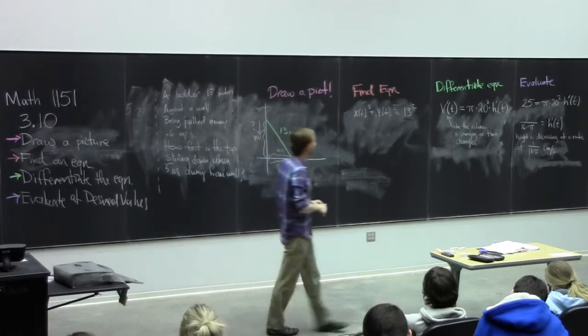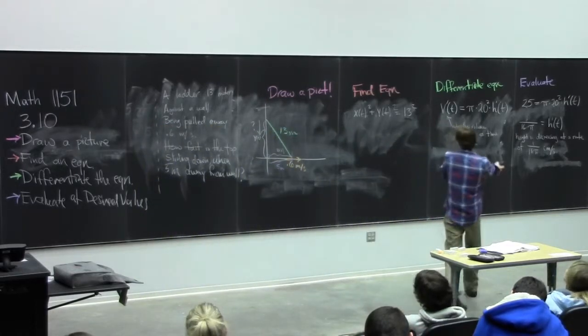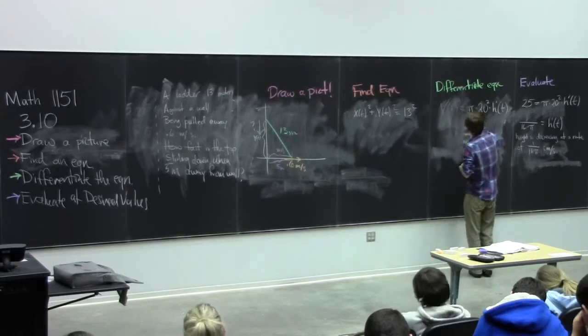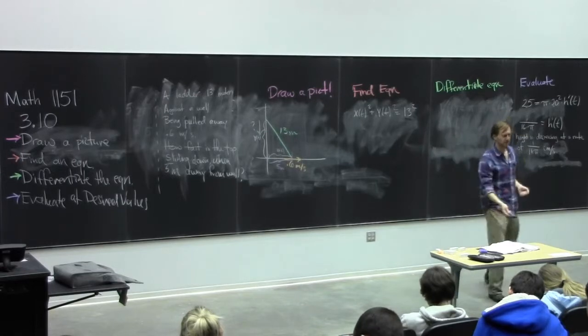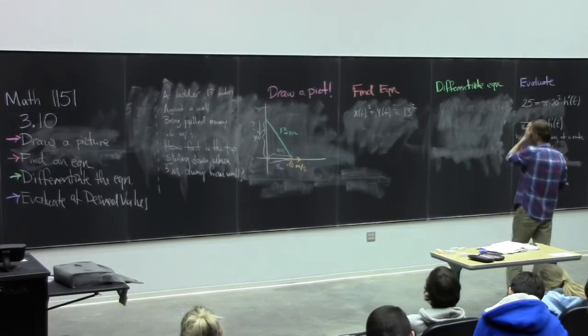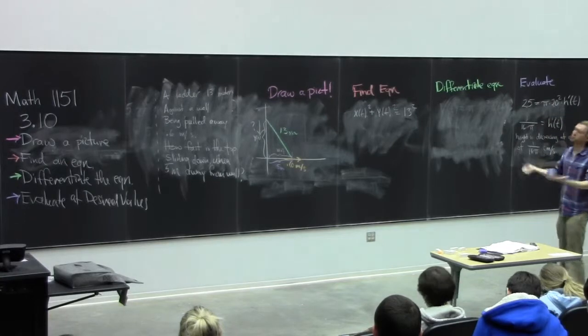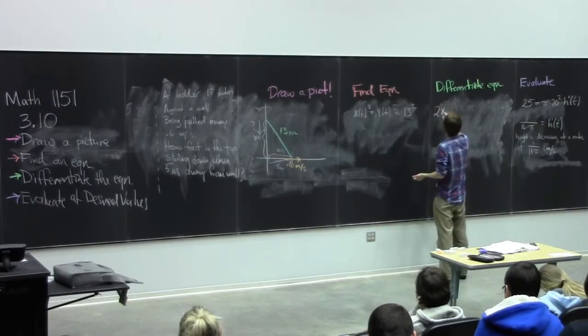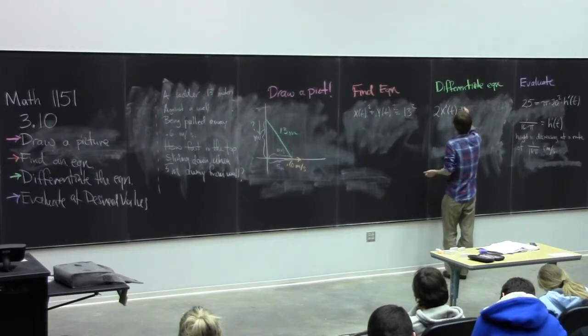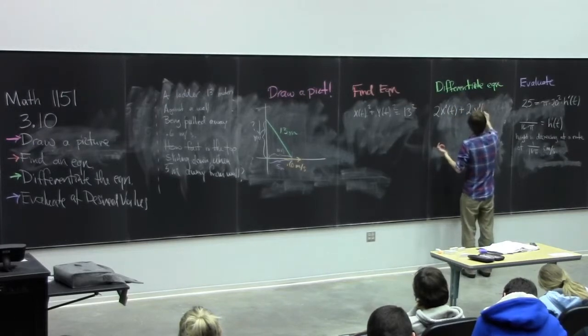So I've got the equation. Next I'm supposed to differentiate this equation. Here I go. The derivative of x of t is just x prime, so it's going to be 2x prime of t plus 2y prime of t.